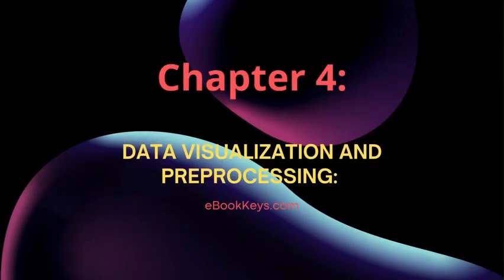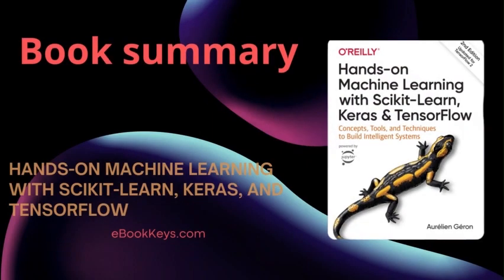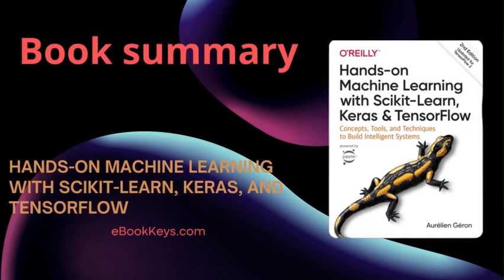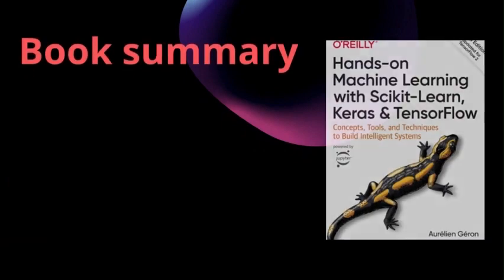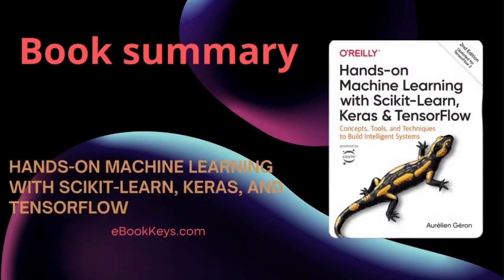Data visualization and preprocessing. Chapter 4, Data Visualization and Preprocessing, focuses on the crucial steps of visualizing and preprocessing data to gain insights and prepare it for analysis. It introduces popular visualization libraries like Matplotlib and Seaborn, teaching you how to create informative plots, histograms, and scatter plots.